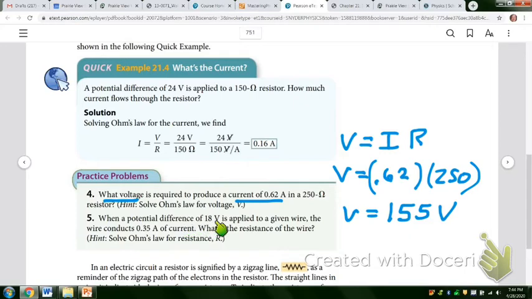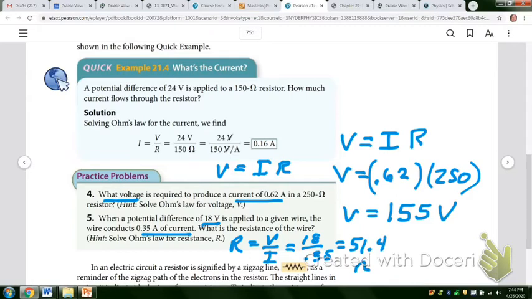So the 18 volts is going to go in for V. The current goes in for I, and you are looking for R. So if we have the formula V equals IR, and we want to solve it for R, we're going to have R equals V over I. Just simply divide both sides by I. If you take V, which is 18, and divide it by I, which is 0.35, you will get 51.4.